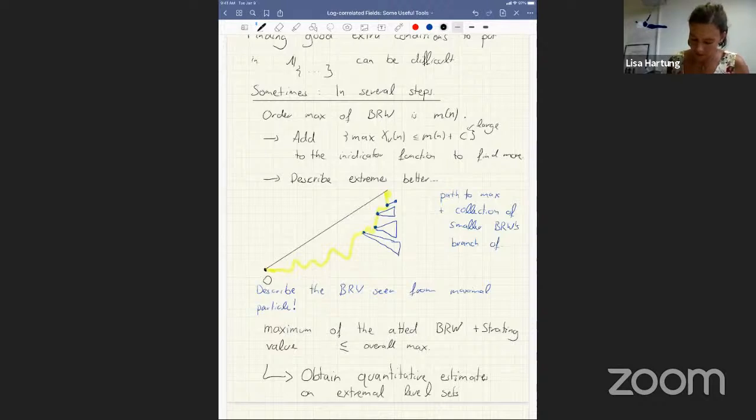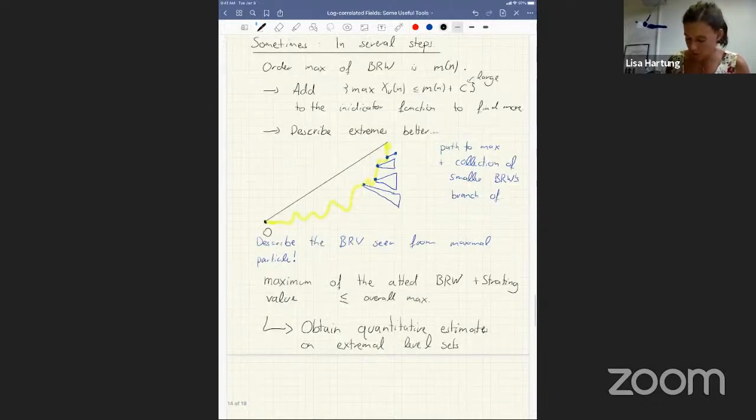This is something that we do in a paper with Azea Martinez and Oren Louisdor. It's written for branching random motion, but there's not that much of a difference to branching random walk. It's really just the continuous time analog.